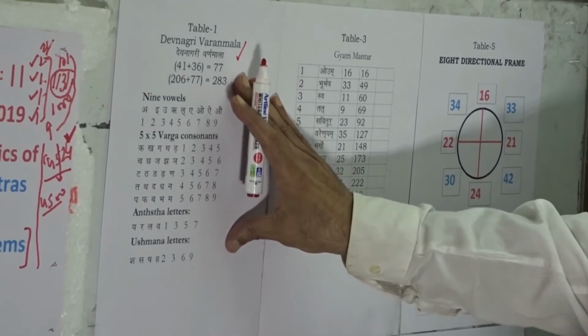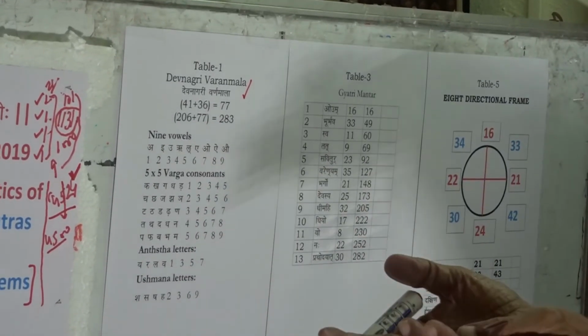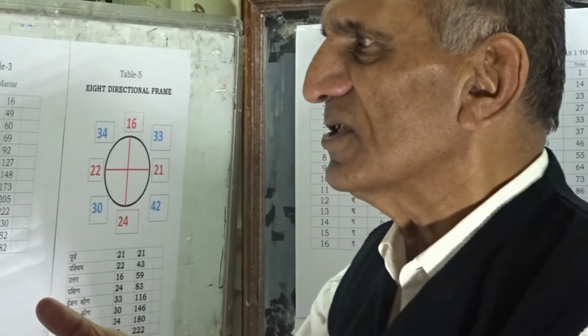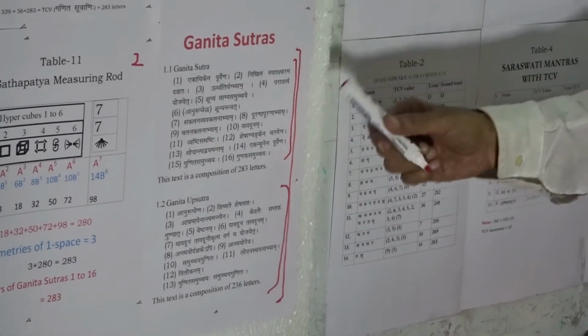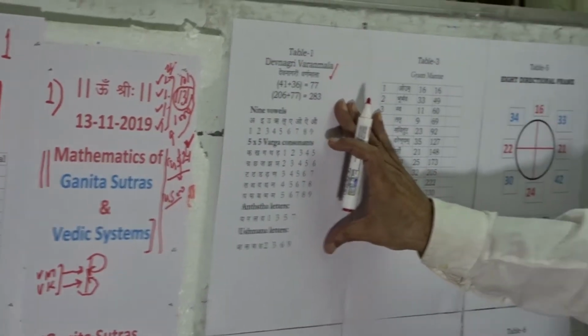Devanagari Varnamala as such is going to be the starting point for the chase of the Vedic systems as well as of the mathematics of the Ganita Sutras and Upsutras, as the text of Ganita Sutras and Upsutras as well is availing the Devanagari Varnamala itself.